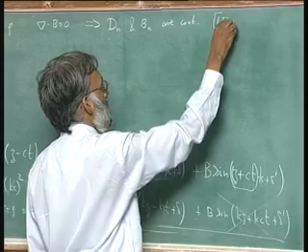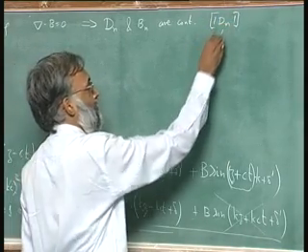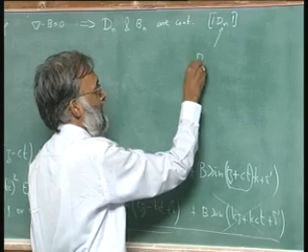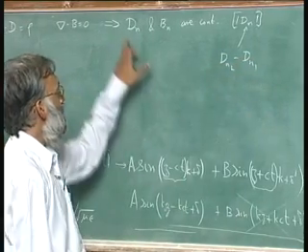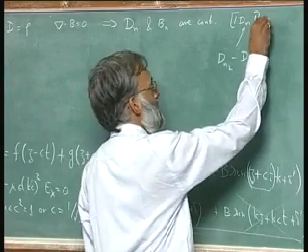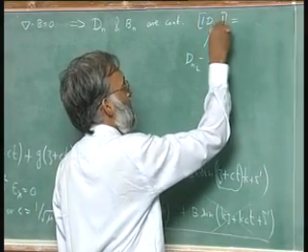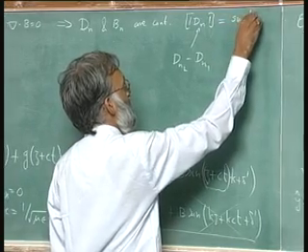This is how we indicate the jump in D, which is Dn2 minus Dn1. So, we want to say Dn2 is equal to Dn1, but there is only one condition, which is the jump in D normal is equal to the amount of surface charge.